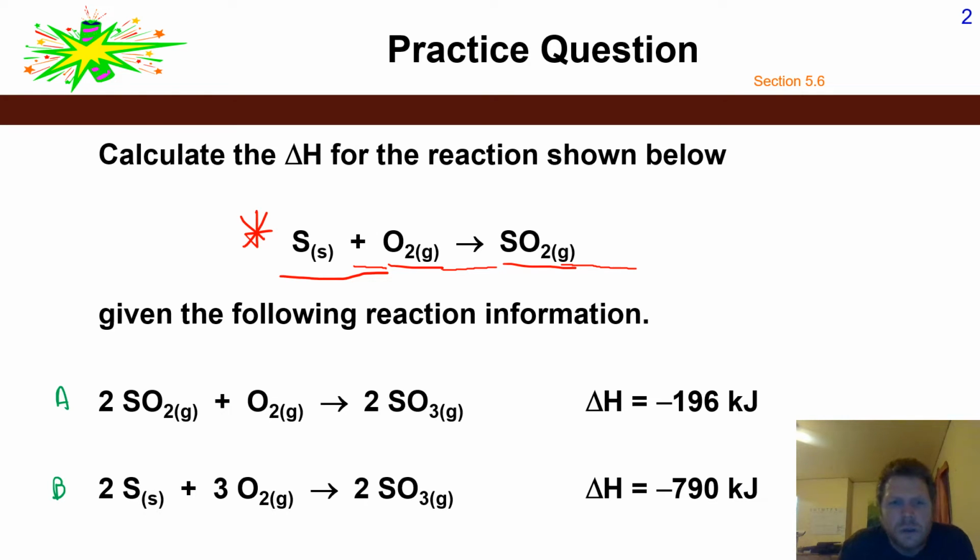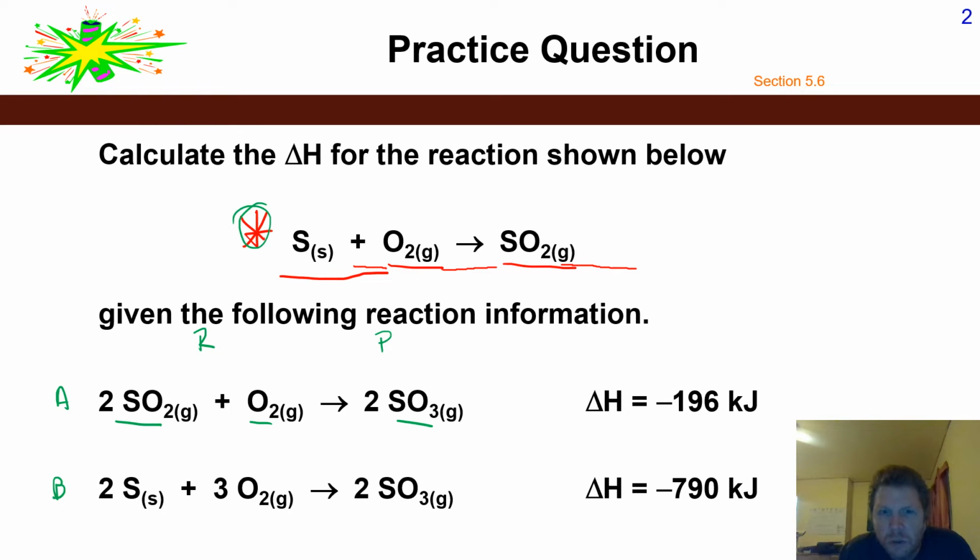Well, let's look at these two different reactions. For reaction A, we've got SO2, O2, and SO3. I want to compare A to my overall reaction up here. What are some common features? I'm going to label these reactants and products.